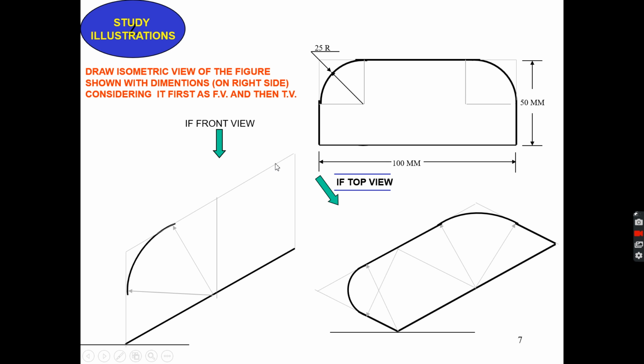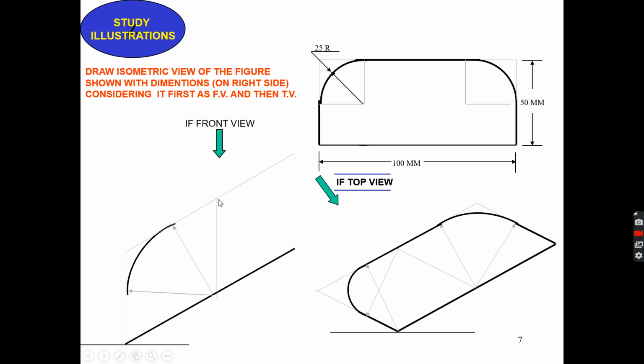In the similar way, I have to draw a sector of circle here, so I need a center point somewhere here. So I will draw two lines, one from this corner and one from this corner, because here the angle is more than 90 degree, and I will draw a line from this corner to the midpoint of that side.